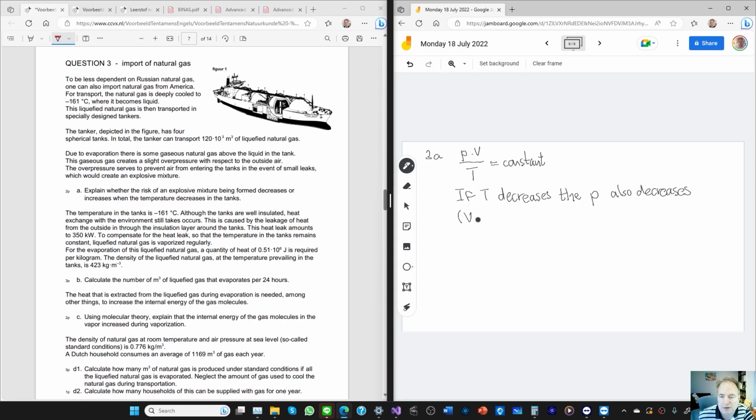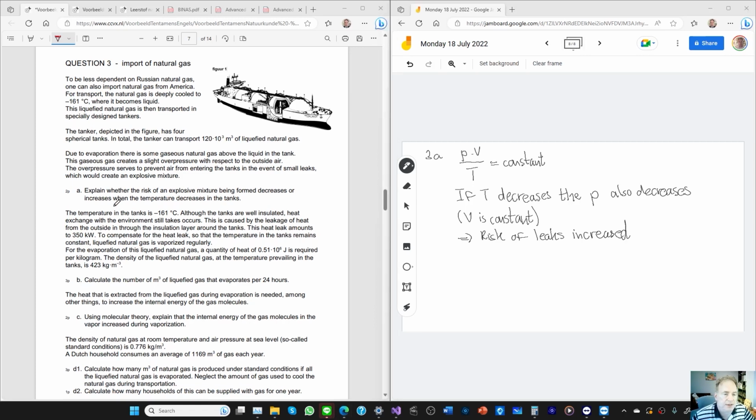So V is constant. So apparently this overpressure is necessary to prevent leaks. So this means the risk of leaks is actually increased.